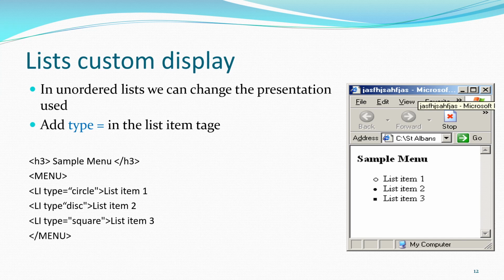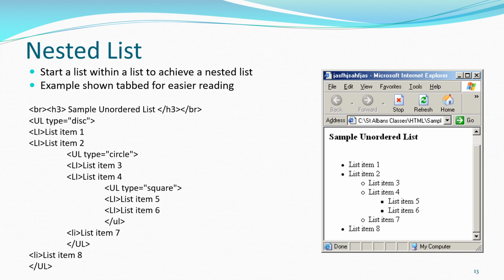This time we're showing you how, by adding the type equals into the tags, you can adjust the dot, or as they call it, a disk, to a circle or square. Now you can do that on individual line items, or you can do it in the first UL tag.